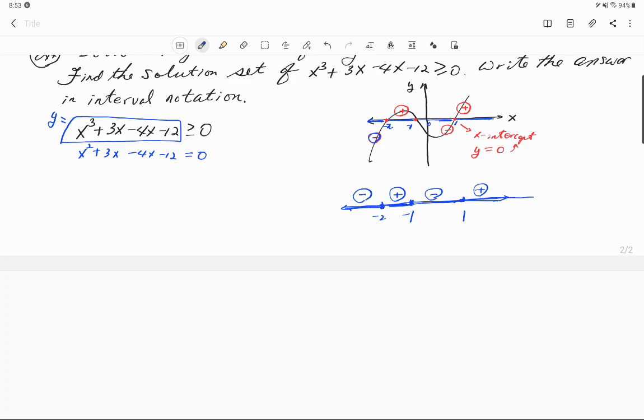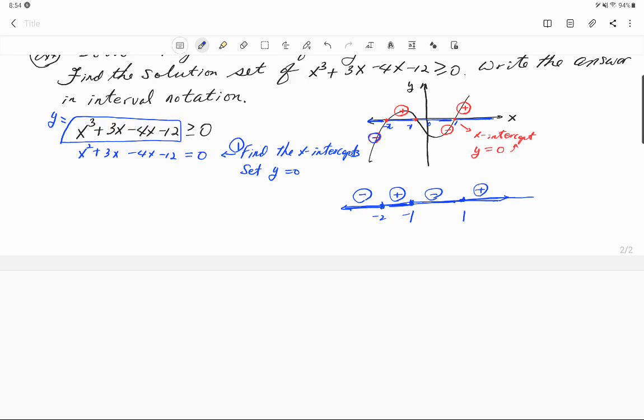This graph crosses the x-axis, and those points on the x-axis are what? The x-intercepts, right? So we want to find the x-intercepts first. So how do you find the x-intercept? Set the y value equal to 0, right? So set the expression equal to 0.